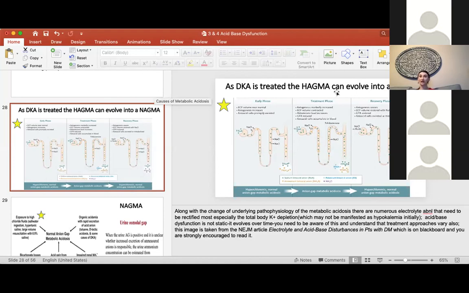DKA starting out is going to be high anion gap, and as we treat it, giving them saline and getting their glucose down, they switch to a normal anion gap. So remember that: as it's treated, NAGMA, because he might just straight up ask you that. He probably will.